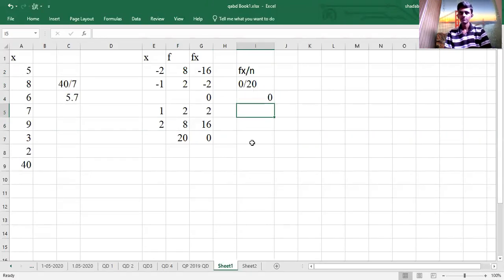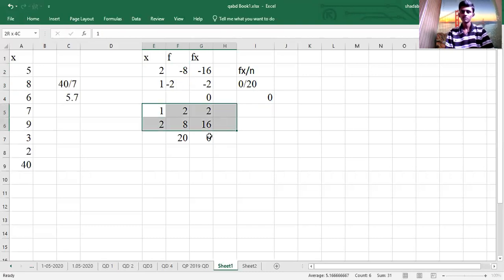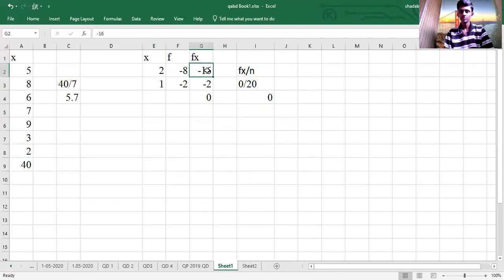Or just look here, if the value is 2, 1 and this value is minus 8, minus 2, I will write this also. Sigma fx will be minus 16, minus 2. This is 0, this one is minus 10. How will we calculate mean?